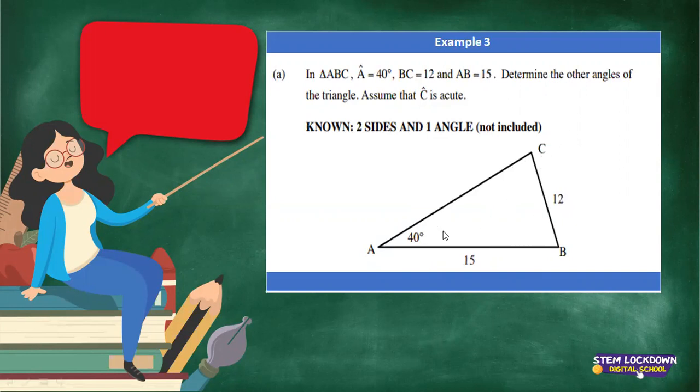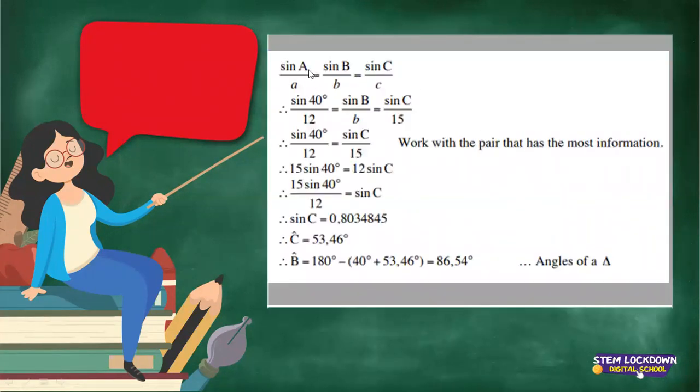Our sine rule says sine A over A equals sine B over B equals sine C over C. So we can use these two, the A and the C, to put them together. So sine 40 over 12 equals sine C over 15.